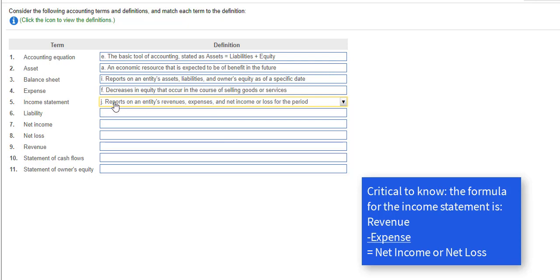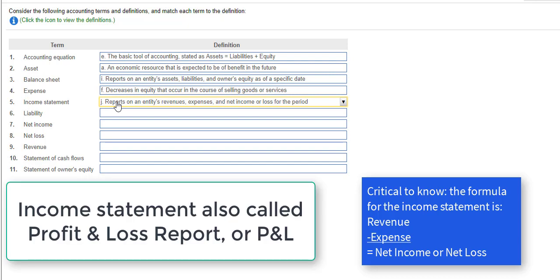Now, in the real world, the income statement is often called a profit and loss report, or P&L for short. So if you hear the term P&L, it stands for profit and loss, which is the same name of the report that shows revenues minus expenses.